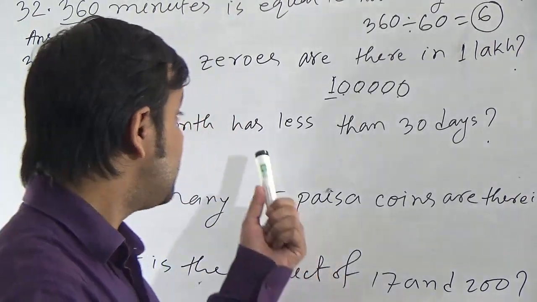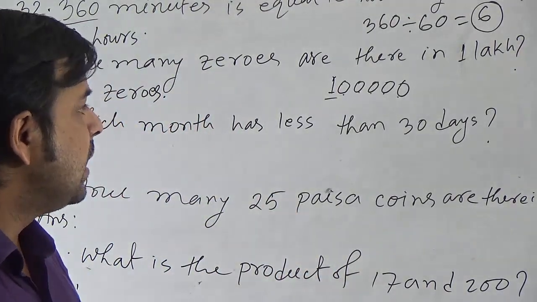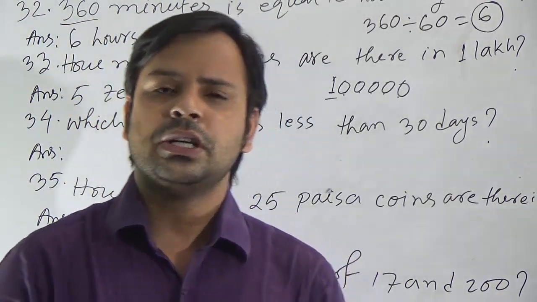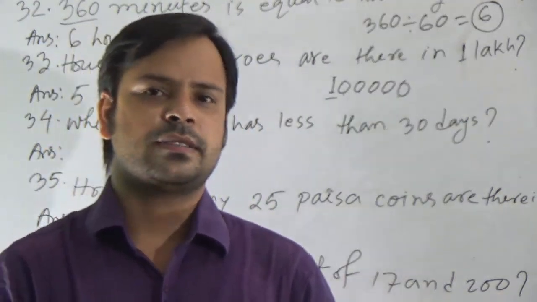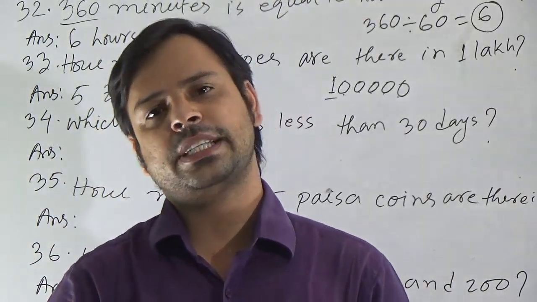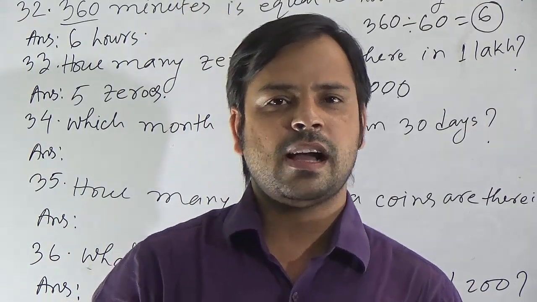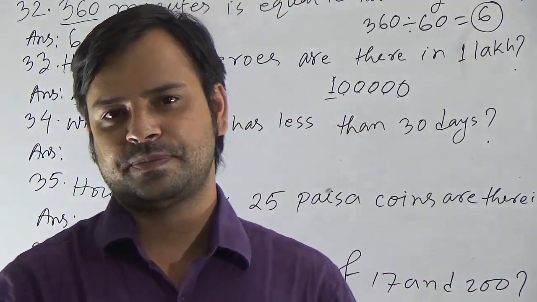To know which month contains less than 30 days, we can use a technique to remember which months contain how many days. I will say a poem to remember this.